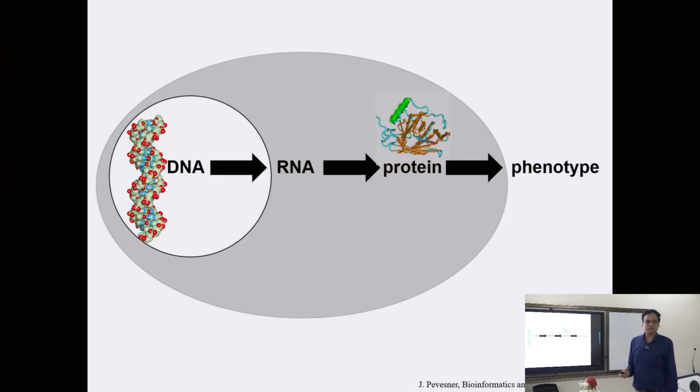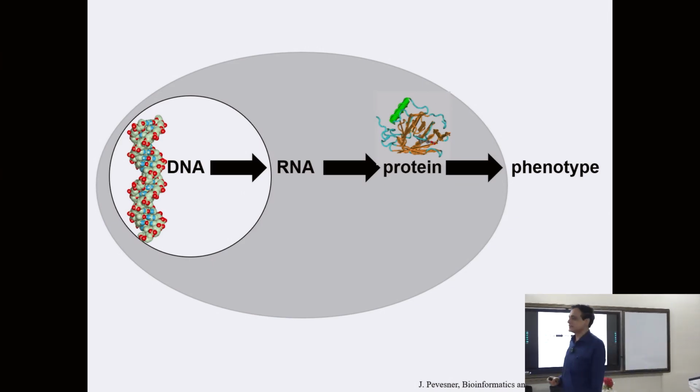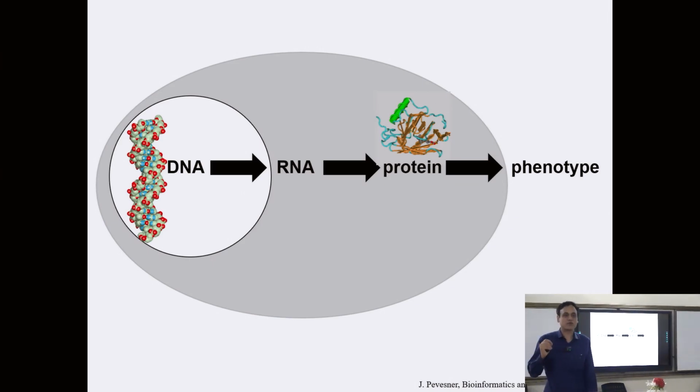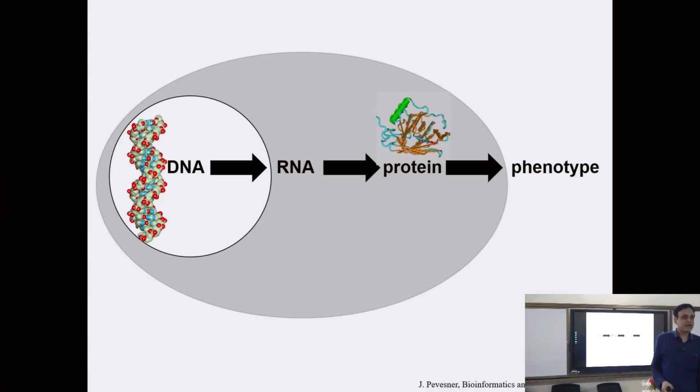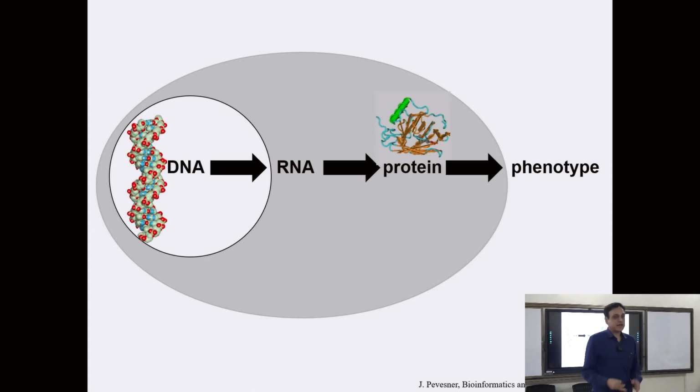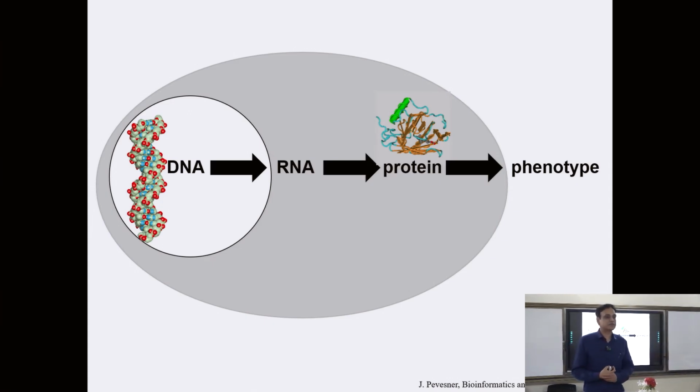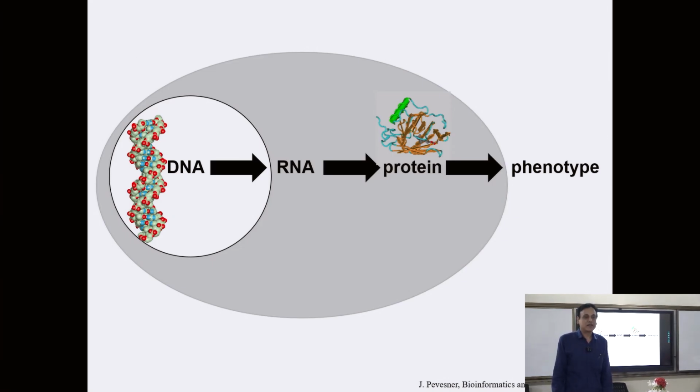So DNA is really important. It is code of life. It contains information for the synthesis of proteins, and proteins, as I mentioned, are responsible for different functions within an organism. Okay. So DNA is code, one of the most important molecules for organisms.